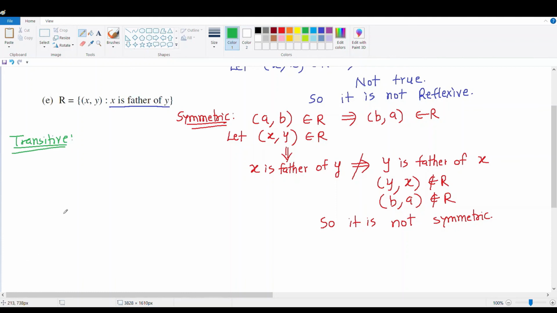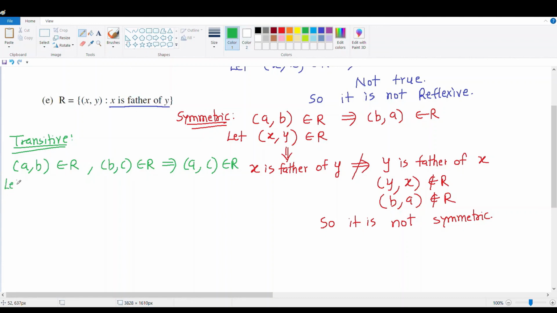Now we are going to check for transitive. The definition of transitive says what? That if you have (A, B) belongs to R and (B, C) belongs to R, then you must have (A, C) belongs to R. If that happens, then that relation is transitive.